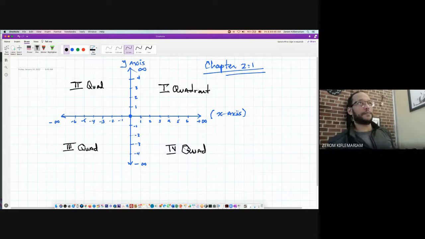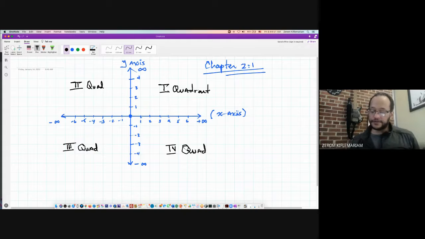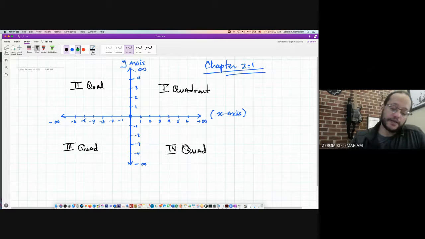All of them are a little bit different. In the first quadrant, every point has all x's and all y's positive. So my coordinates have x values positive and y values also positive.